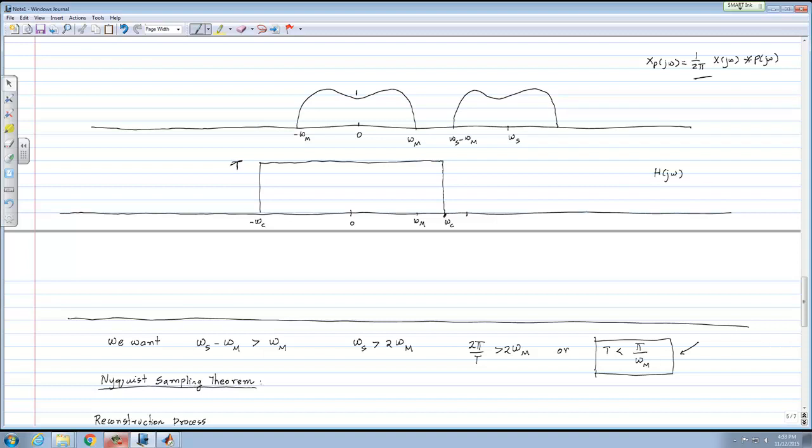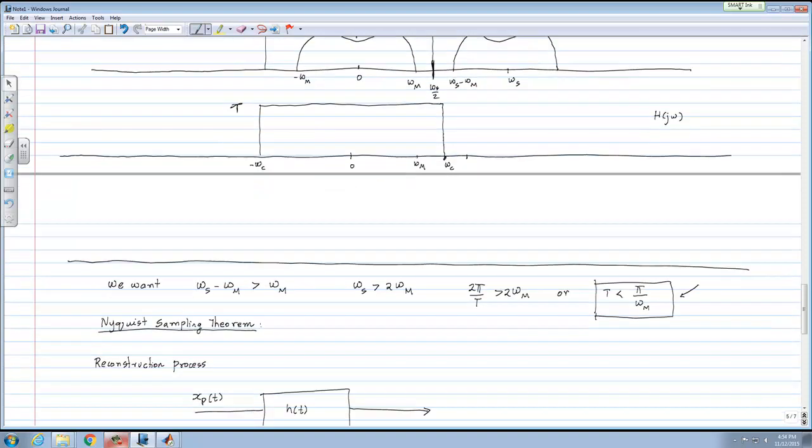Now my omega s over 2 is going to fall right here, because omega s is bigger than 2 times omega m. So omega s over 2 has to be bigger than omega m. So I could build a filter that would just filter like this. This is true only if omega s is greater than 2 times omega m.